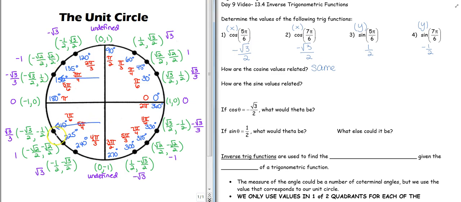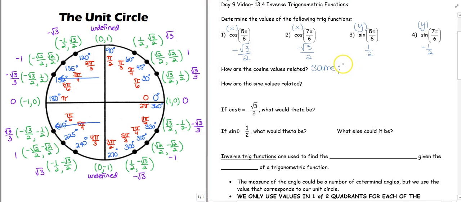So both of those angles, although they're different angles, are going that same direction. So both go left root 3 over 2. And that's why it's negative. And that's all based on the origin.